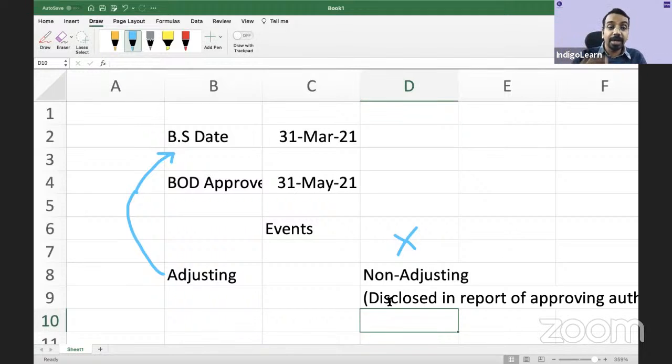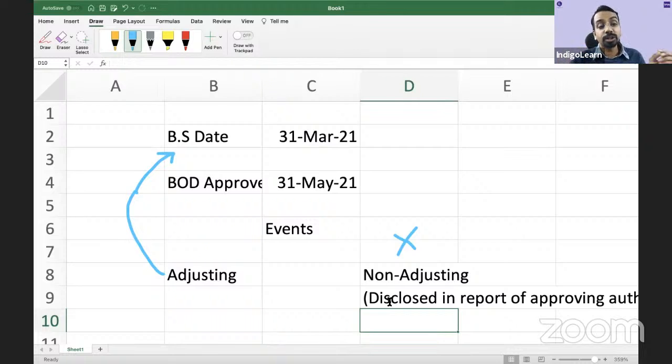Then there is one more category of event where there can be a question on the going concern assumption of the entity. Say, for example, the entity had a plant. That was the only plant, the largest plant for the company, and that plant got damaged in fire, because of which the existence of the company comes under question. The company may or may not exist in the future, or the company may not be able to operate in the future in the manner it intends to.